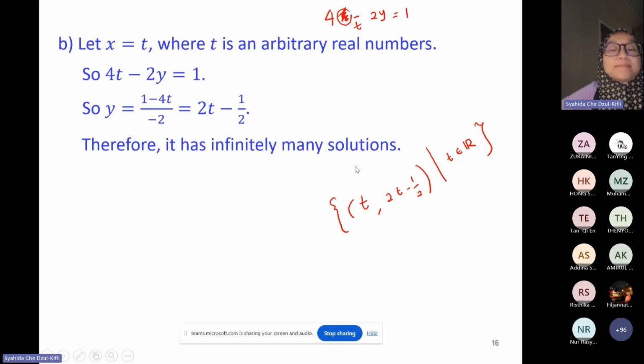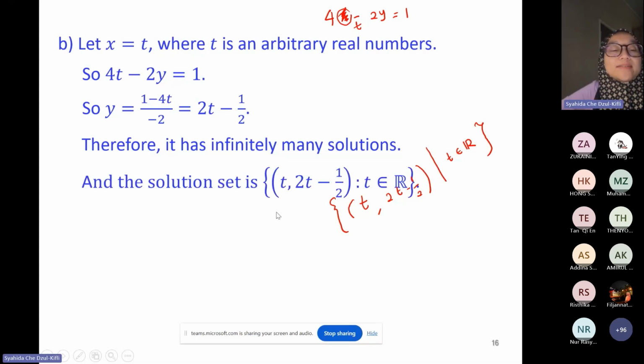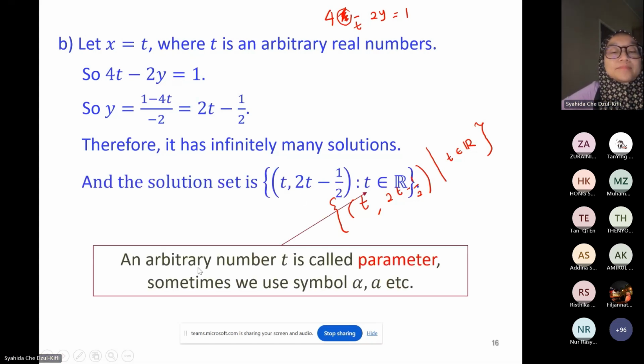It has infinitely many solutions. Why? Because t can take any real number. So we are not able to list down all of the solutions because it has infinitely many solutions. So this is the solution set. The arbitrary number t is called a parameter.